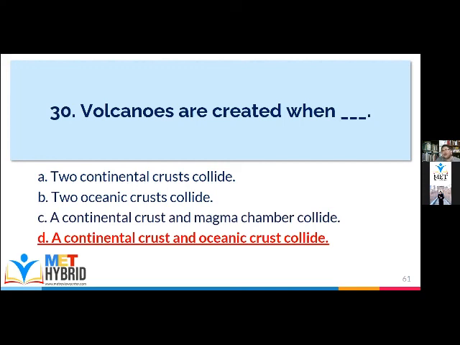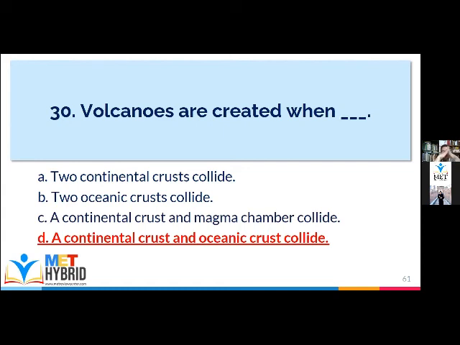Your continental crust is less dense compared to your oceanic crust. If it's less dense, that would mean your continental crust would float above your oceanic crust. So if you have two continental crusts colliding with one another, what would happen? Would it move up or would it move down? Continental, continental, colliding, moving up.